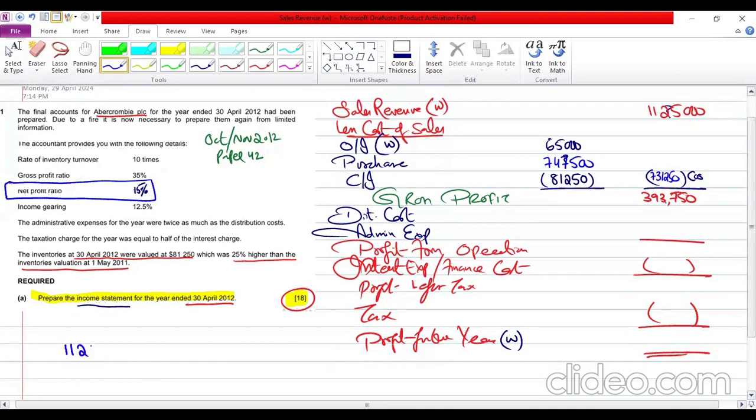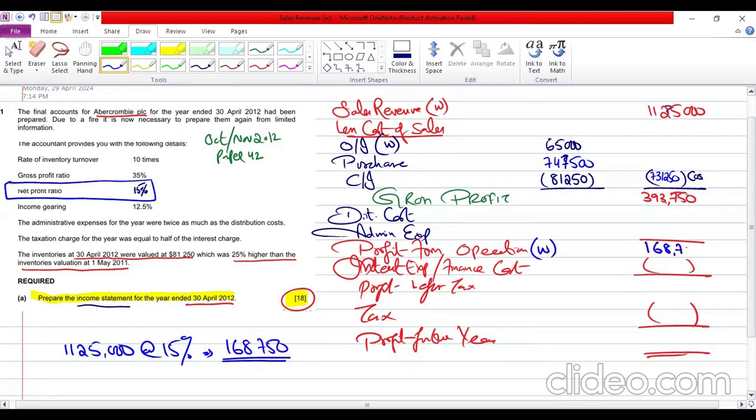So 1,125,000 is my revenue and 15% is the margin. So what is my net profit? Very easy, so simple. How much? 168,750. And this is the answer of profit from operations.